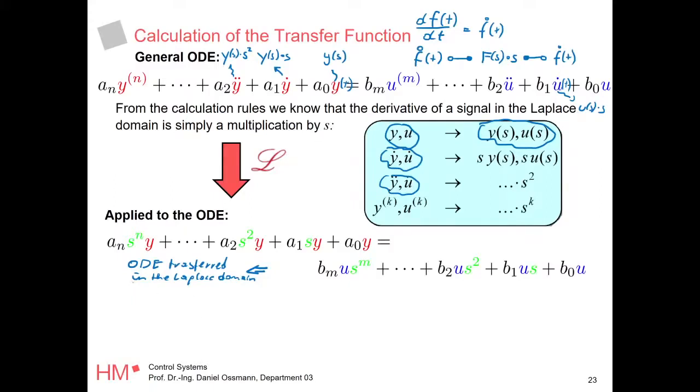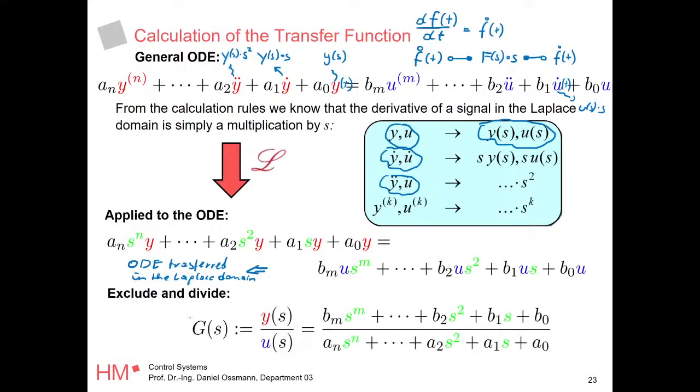Okay, and now we know that our g of s, our transfer function, which we want to have as a compact form of our system, is just y of s divided by u of s. So what you need to do is exclude y here, exclude u, and then you divide it through, right?